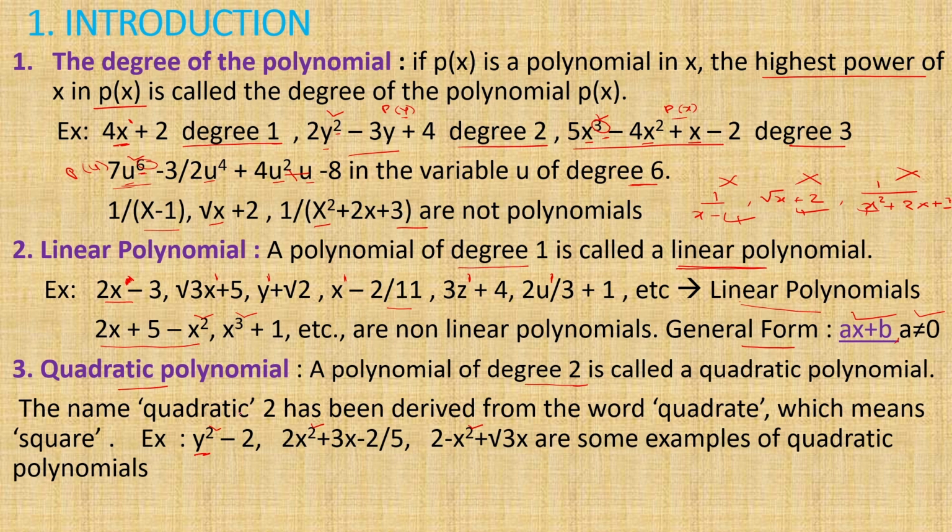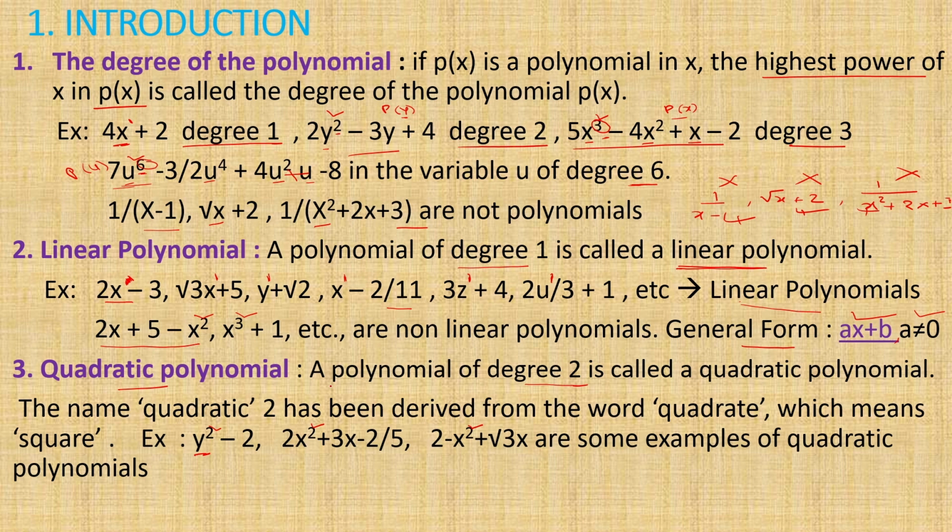The name quadratic has been derived from the word quadrate. Quadrate means square, and square means 2. If the power is 2, then the type is called a quadratic polynomial. Quadratic means 2. Understood now?